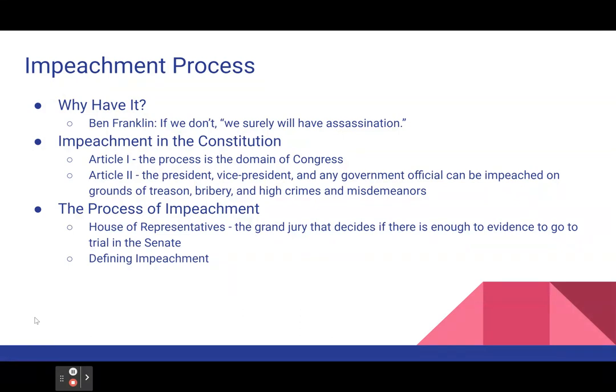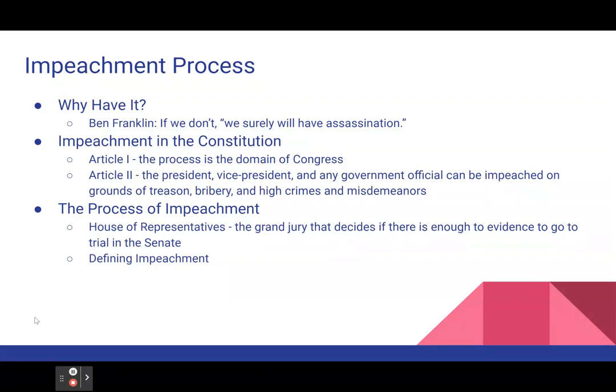But how this goes is the Senate will host the trial, but the House of Representatives will send over what they would call their prosecutors, right? Their prosecution, and they are the ones who will present their case.